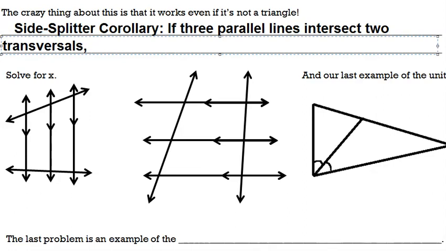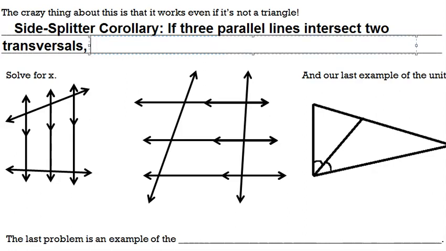Now, don't get too caught up in the language here. 1, 2, 3 parallel lines, and then a transversal is a line that cuts through it. So there's one line cutting through it, there's another line cutting through it. So that's what the translation is. Please don't get too caught up on that.